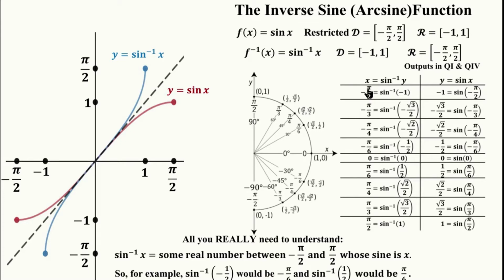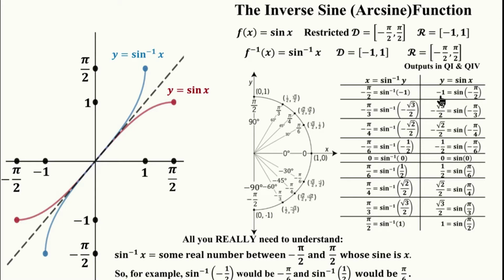So we know that, for example, if we start with negative π/2, the sine, of course, is the y value of the ordered pair associated with that angle on the unit circle. So we know the sine is negative 1. So here we have negative π/2, and the sine of it is negative 1.